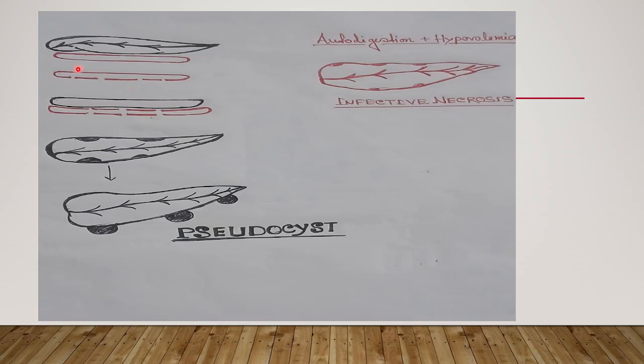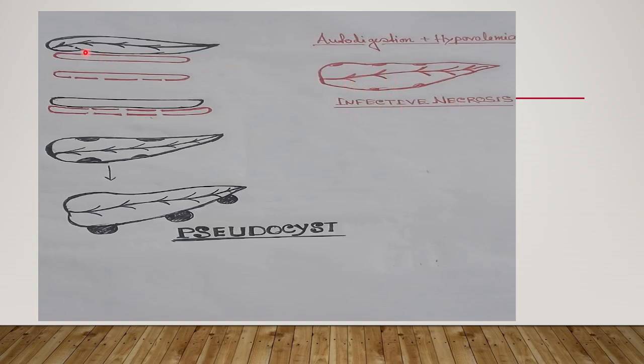That's why there is low circulatory volume in the blood vessels. So this is hypovolemia. Autodigestion plus hypovolemia causes pancreatic ischemia, because if the pancreas does not get the blood supply properly, then what happens? Ischemia first, and after that it gets infarcted, and this is called infective necrosis.